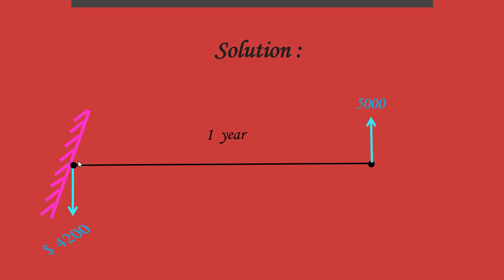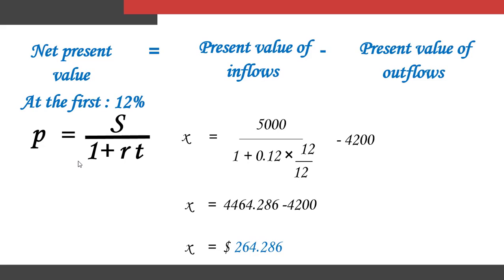The present value for the outflow equal to $4,200. So we need to get P for $5,000. So net present value equal to the present value of inflows minus present value of outflows. At first with 12%, the present value of inflows is $5,000 over 1 plus 12% by 1 after 1 year.